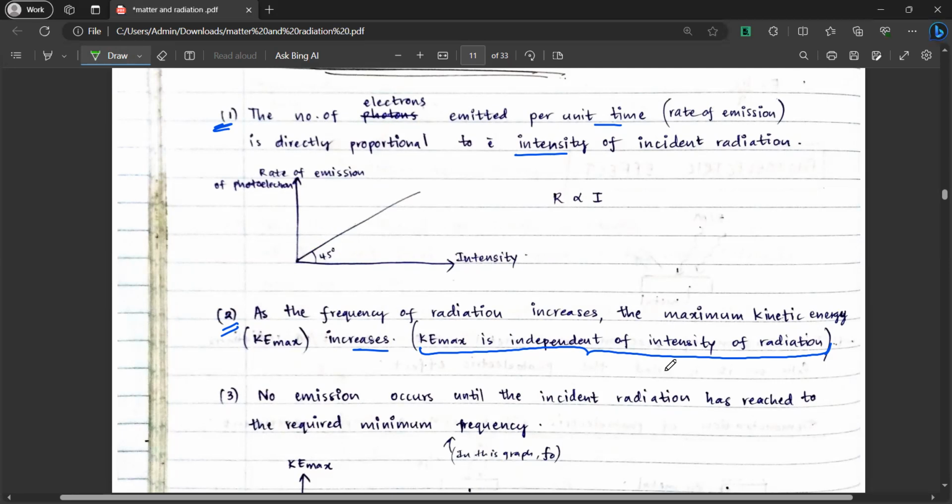So done. Shahama, did you understand this statement? Kinetic energy is independent of intensity of radiation.